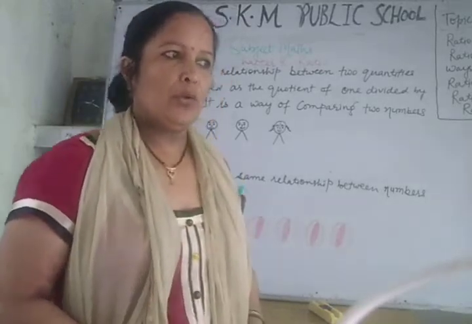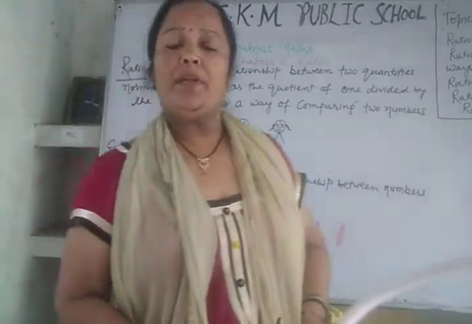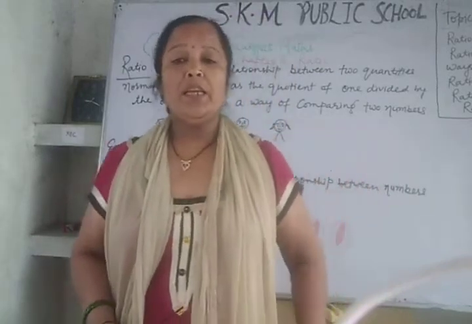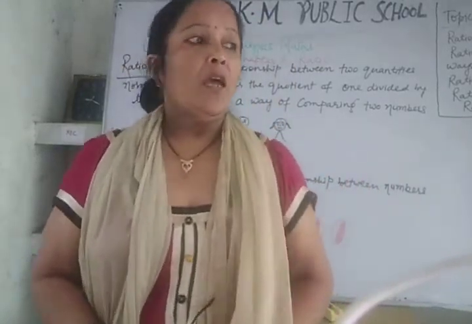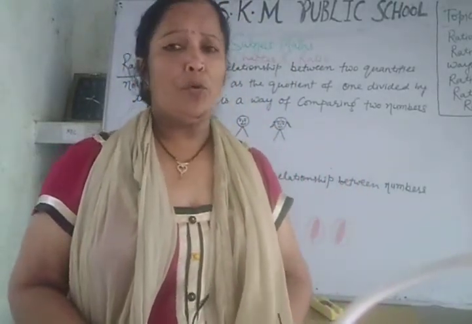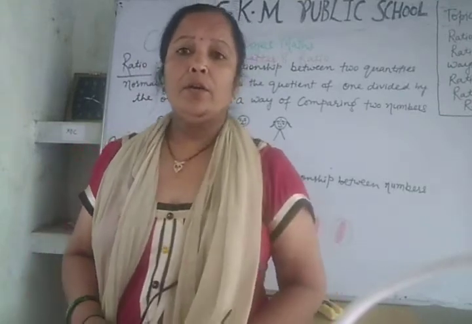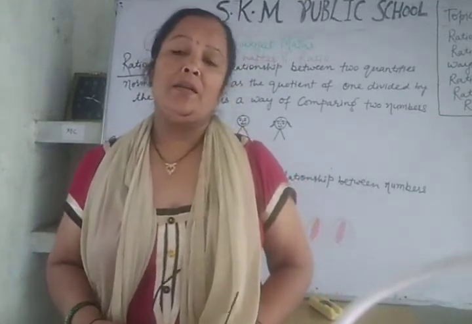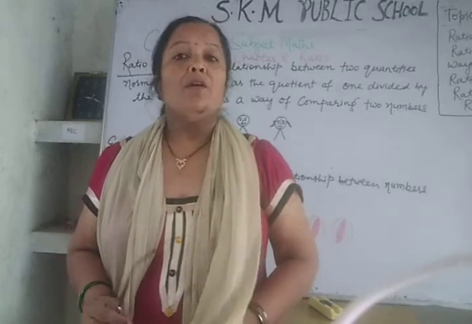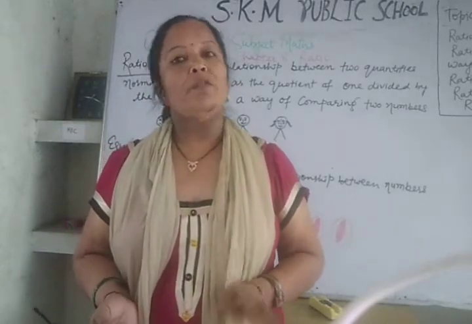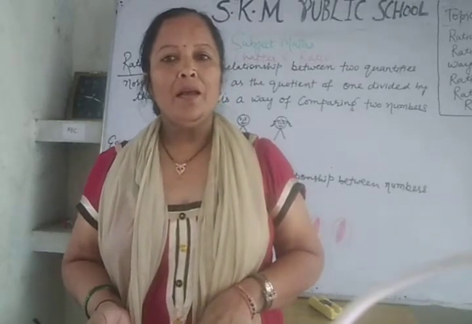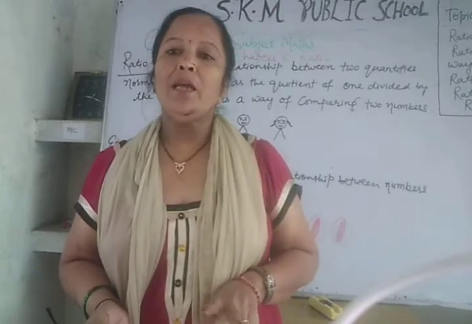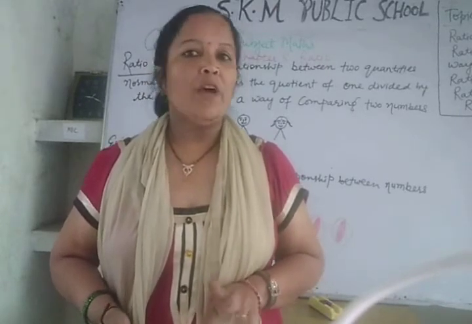What do you mean by ratio? When you prepare tea, suppose you are preparing 2 cups of tea and you take 1 cup of water and 1 cup of milk. So the ratio will be 1:1.